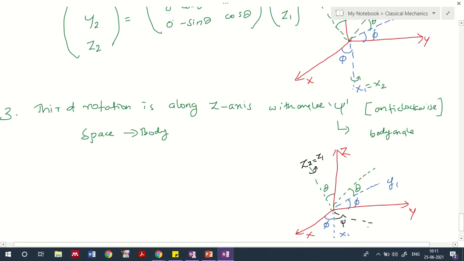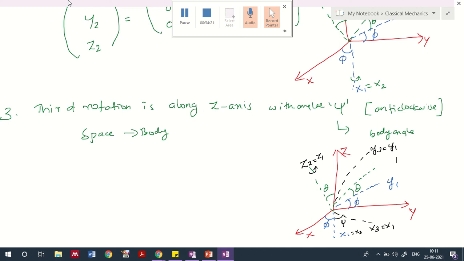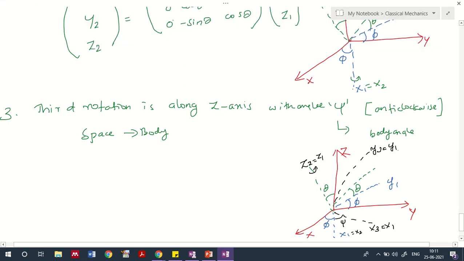So by an angle psi, x3 becomes x1. We already said that x1 is equal to x2, so we can say that x3 will be equal to x1, and the y1 values will transform to y3 equal to y1, z2 equal to z1, and x3 will be equal to x1.